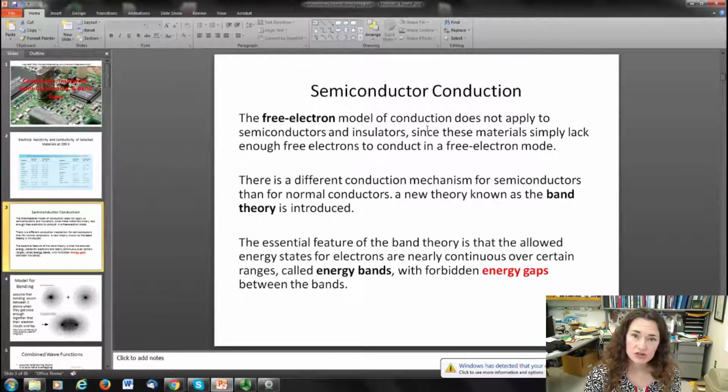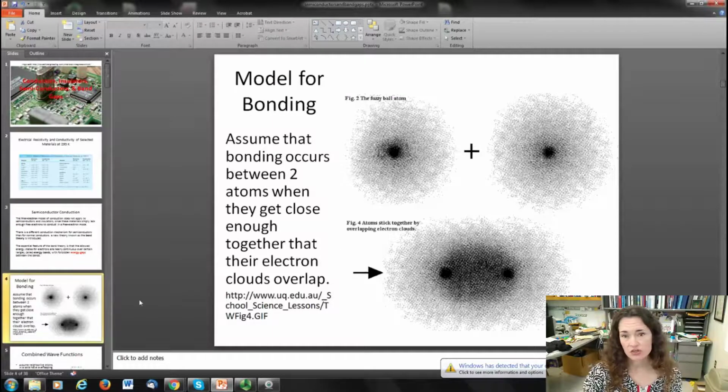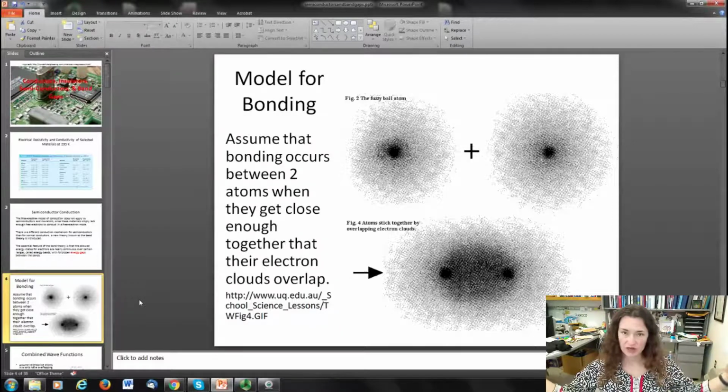In order to understand what's going on with that, let's first look at the simplest possible thing we can do and just talk about what happens when two atoms form a bond. If you can imagine taking two atoms from infinity away and moving them together, you would understand that, say, with this fuzzy ball model, the electron cloud around the atom is relatively uniform when they're very far apart.